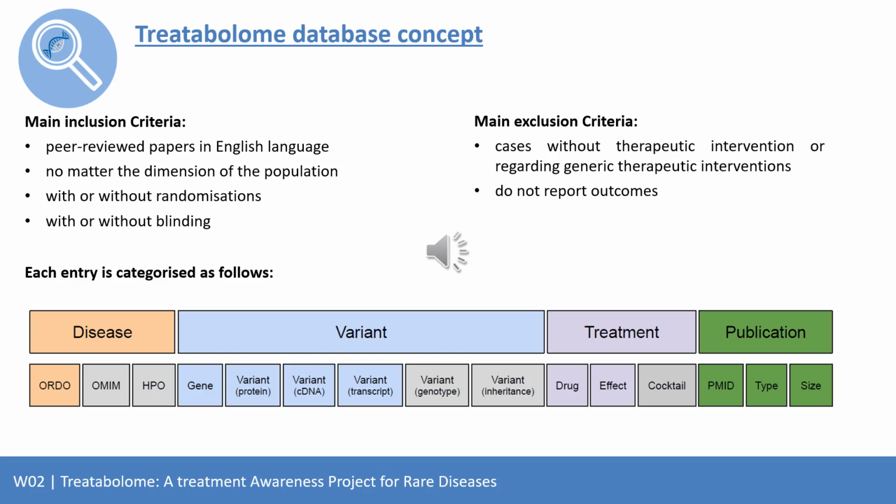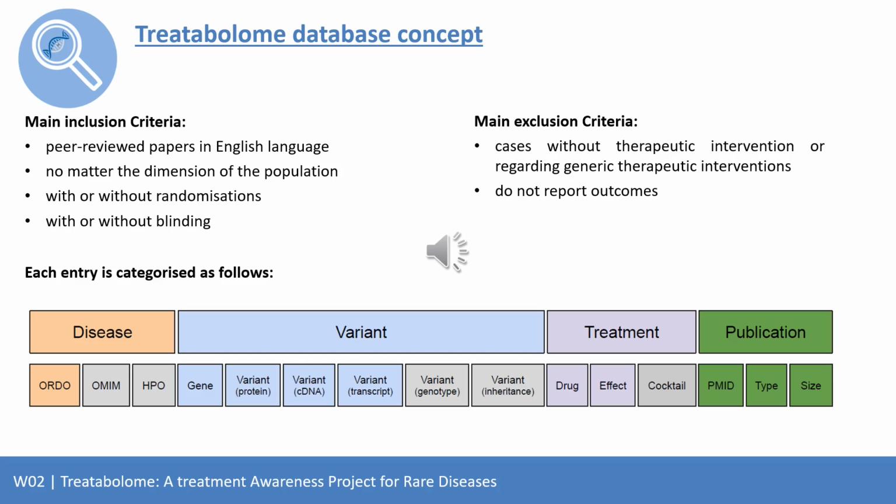Inclusion criteria for an entry to be accepted and created in the database is to report a treatment at gene or gene variant levels that has been published and peer-reviewed in English. The dimension of the population, if it's a single case, a series, a cohort, or other study population. The timeline of the study, if it's retrospective or prospective.